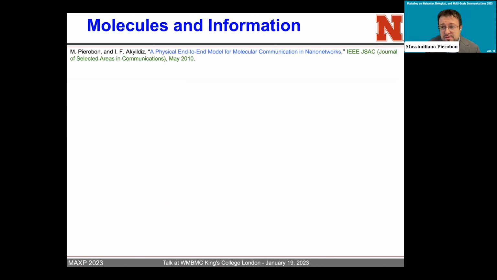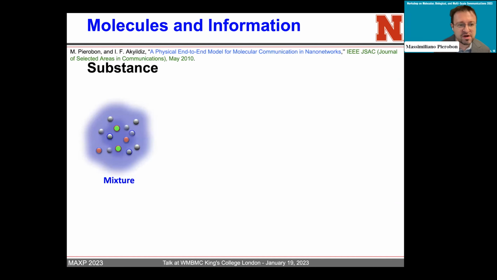So molecules and information: why can we put together these two different things? First of all, where do we take molecules from? Well, the reality where we live is actually a mixture of many different substances.